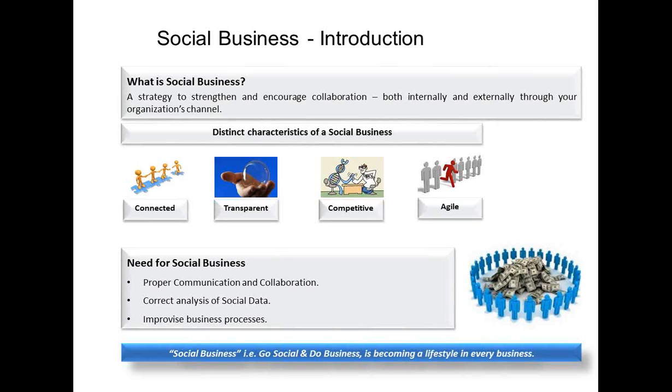So the entire concept is people-centric, and people referred to here are employees, customers, partners, vendors, contractors, anybody. That's why it is considered people-centric. So social business is needed to ensure proper communication and collaboration among people for the success of business.